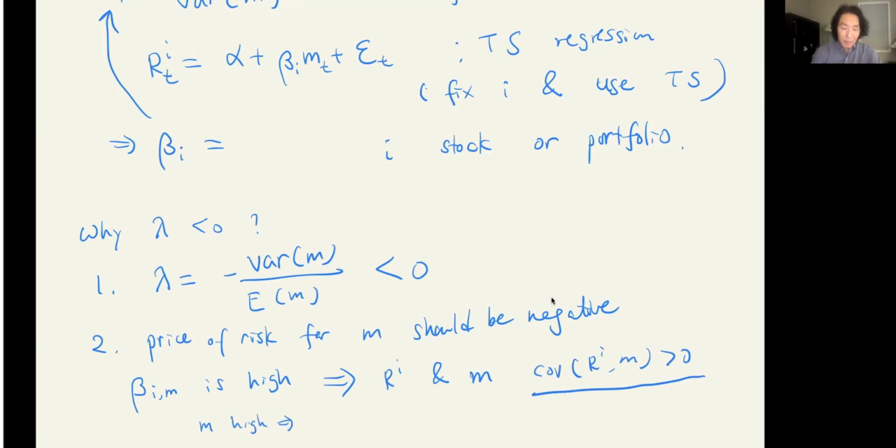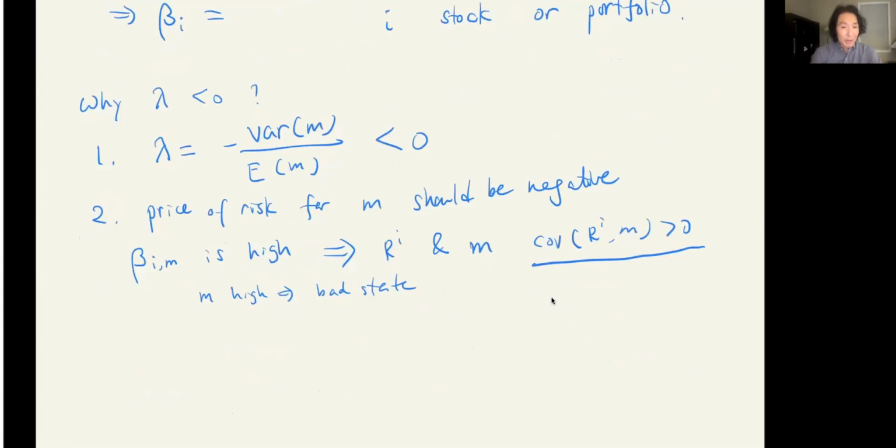that means it's a bad state. What kind of asset is going to pay when the state of the world is bad? It's an insurance. And investors want to have these kind of assets even when the expected returns are low, right? So these are the assets that pay you well. Okay?